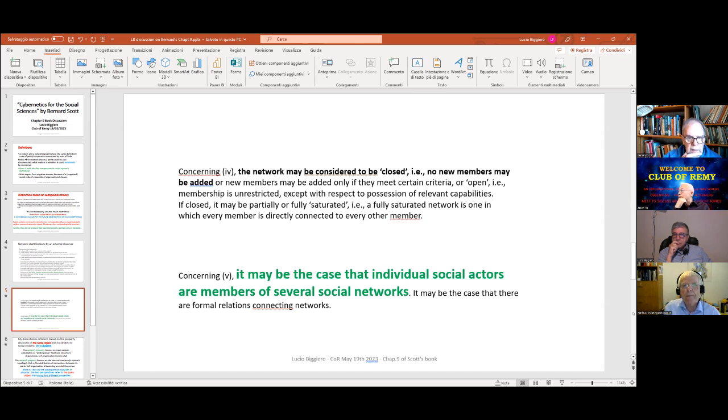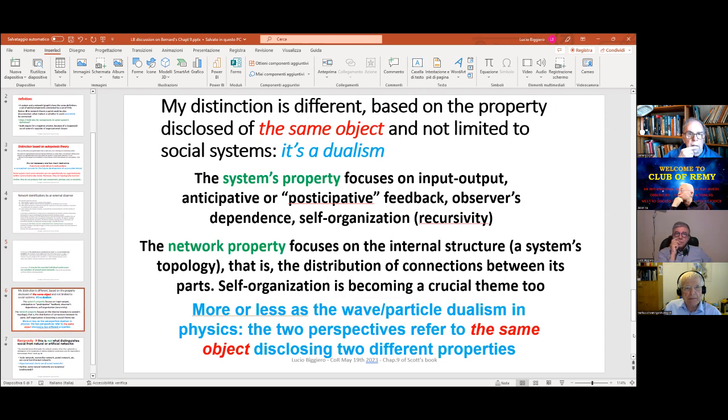Next slide, please. Okay. Well, the system properly focused on input output, but inputs and outputs are distinguished by external observers.